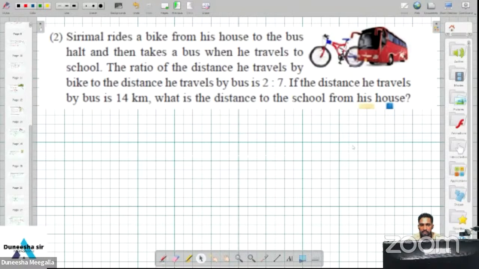If the distance he traveled by bus is 14 kilometers, what is the distance to the school from his house? Okay. Please understand the question. What is question?